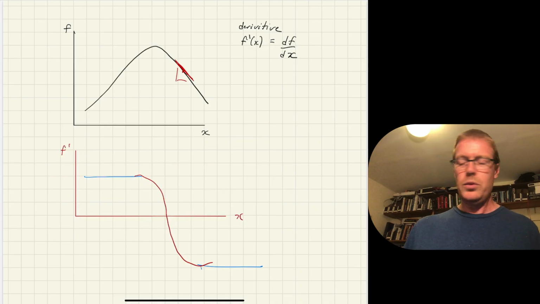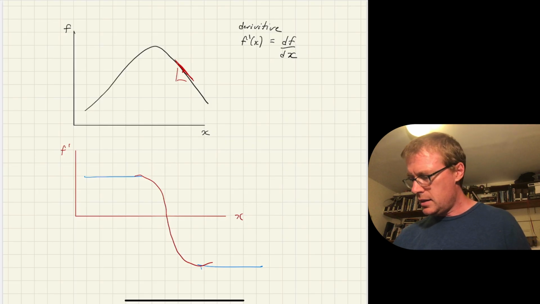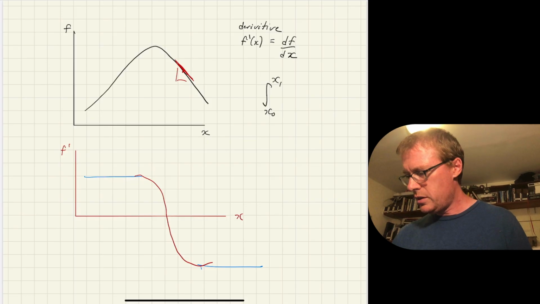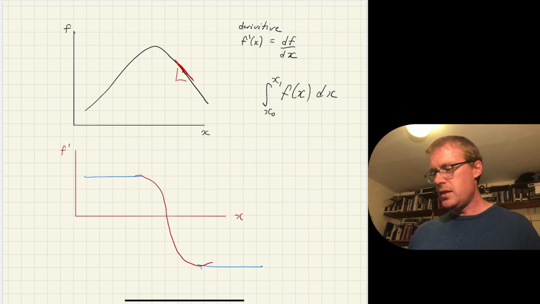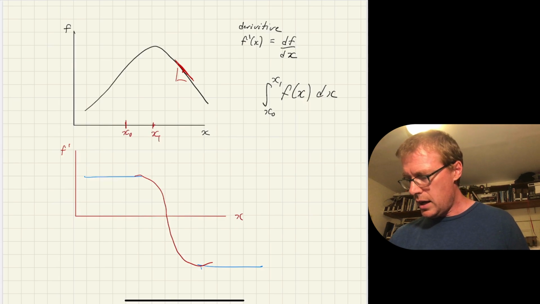The other thing we need to know from calculus is the integral. If I take the integral from x0 to x1 of f of x dx, this is a very complicated looking notation, but all it simply means is you find positions x0 and x1, and you draw the region between the axis and the curve.